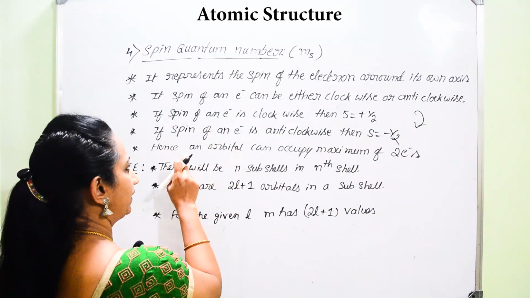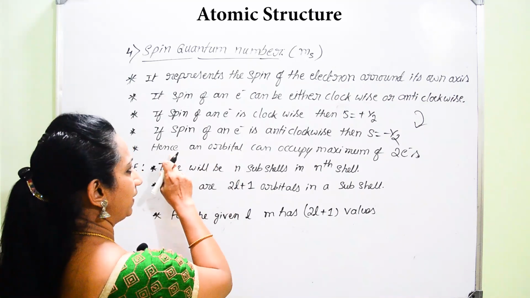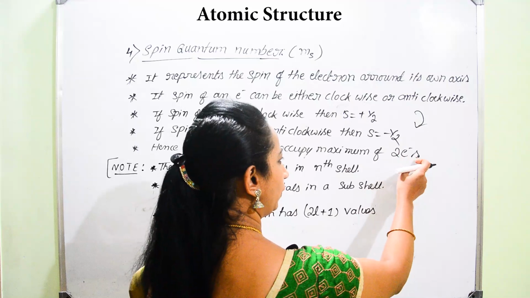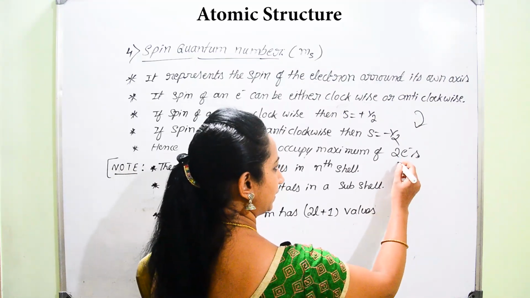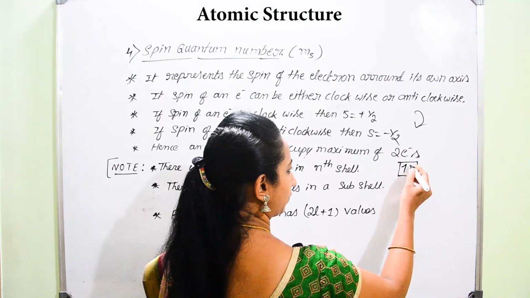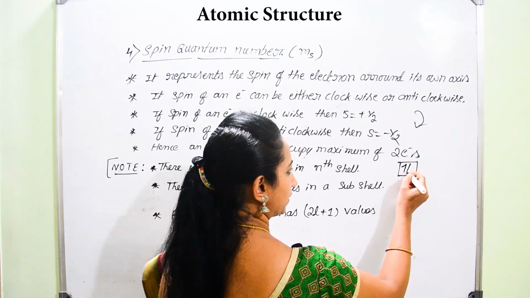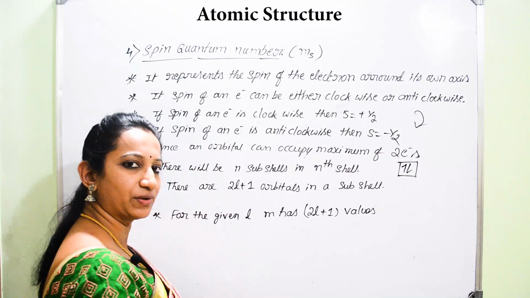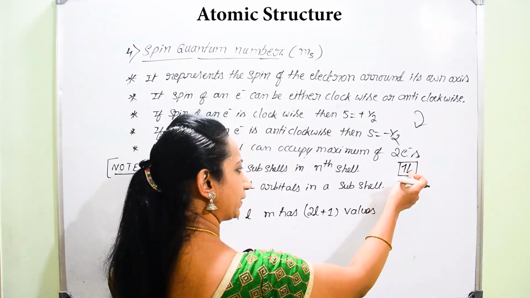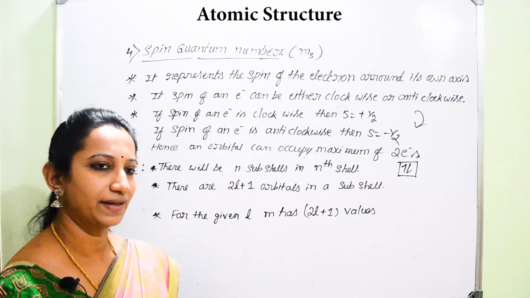Hence, an orbital can occupy a maximum of 2 electrons, because one orbital can accommodate 2 electrons. If one electron is rotating in clockwise direction, then exactly the other electron will be rotating in anti-clockwise direction.